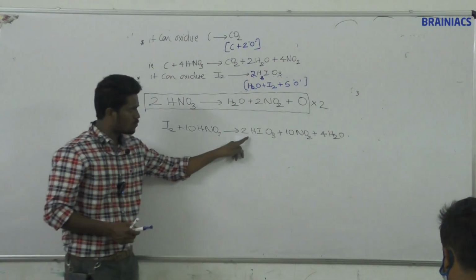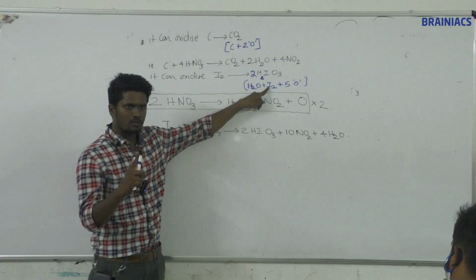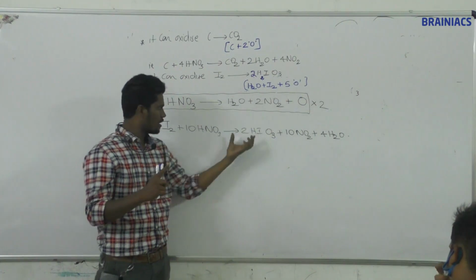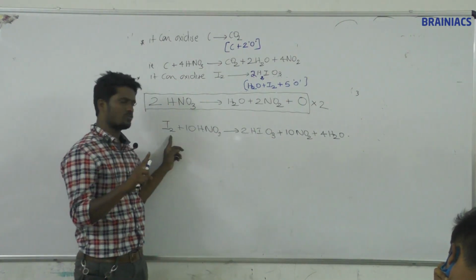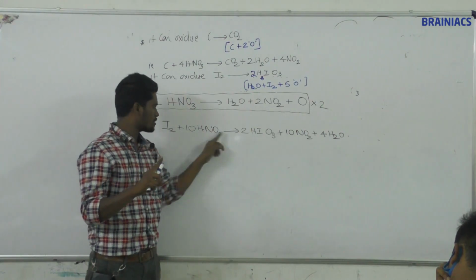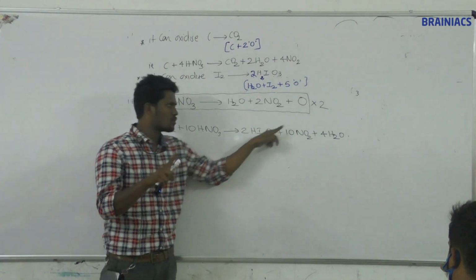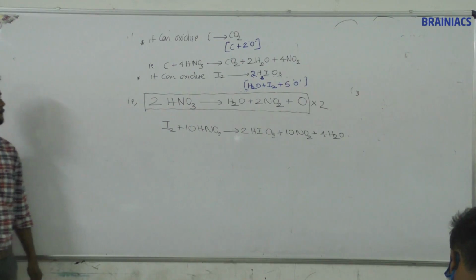That means this 2 HIO3 is a combination of what? 1 I2, 1 H2O and 5 monoxygen. So 5 monoxygen is used here and 1 H2O is also used here. So what is the remaining number of water molecules? 4 H2O. Okay.